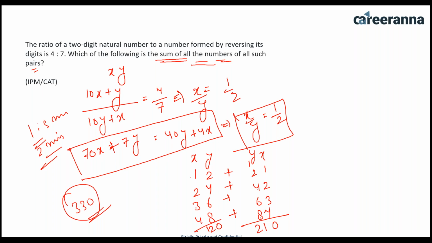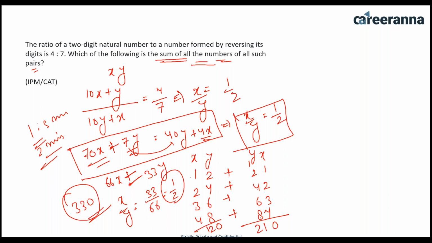Okay, I have to solve it for you. 70x minus 4x will be 66x, equals 40y minus 7y, which is 33y. x divided by y equals 33 divided by 66, which will be 1 by 2.